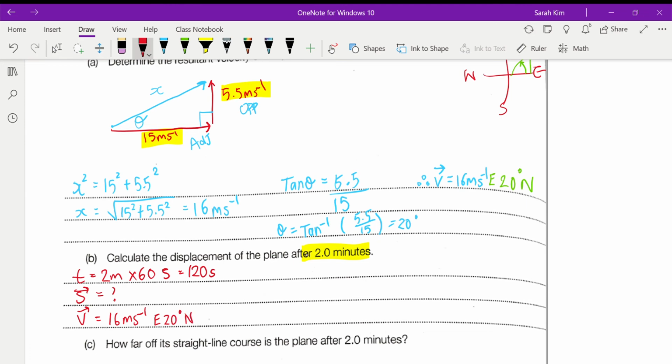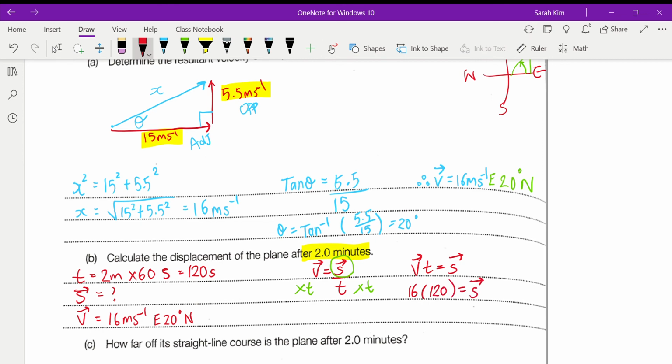So all I have to do is start with my trusty velocity equation, displacement over time, but because we want the displacement to be by itself, I want to get rid of t, so I go times t, both sides. So it becomes Vt is S, so my V is 16, my T is 120, which is going to be my displacement.